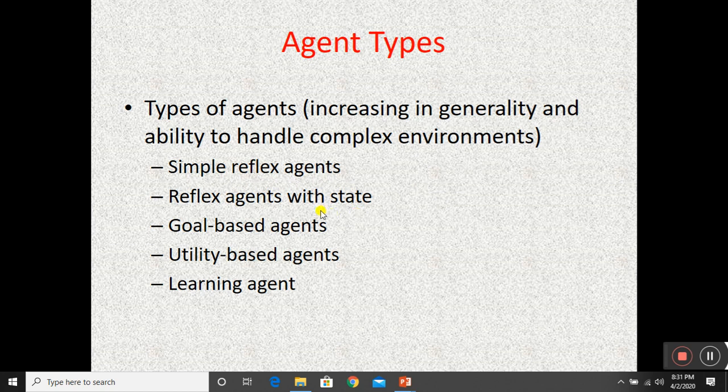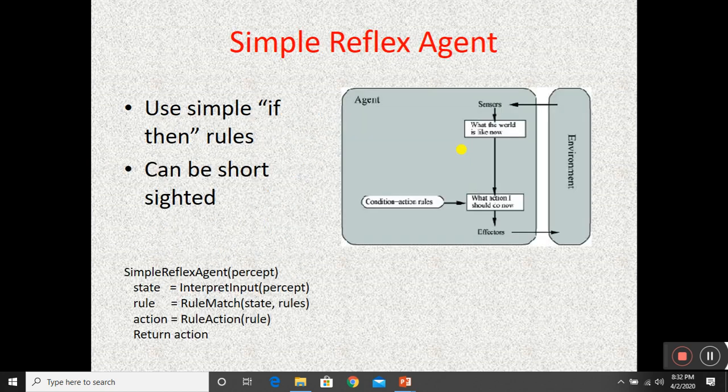The third type is goal based agents, the fourth type is utility based agents, and the last one is learning agents. These are the different types of agents that work in artificial intelligence, and they increase in generality and ability to handle complex environments. This is the main purpose of agents.